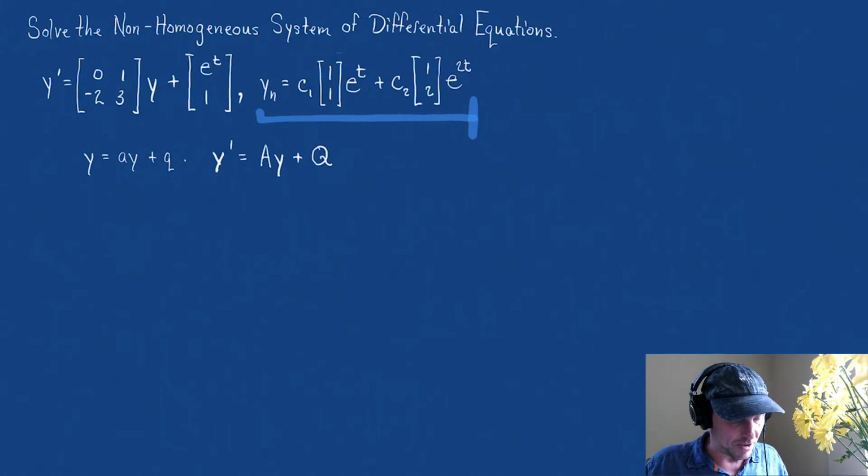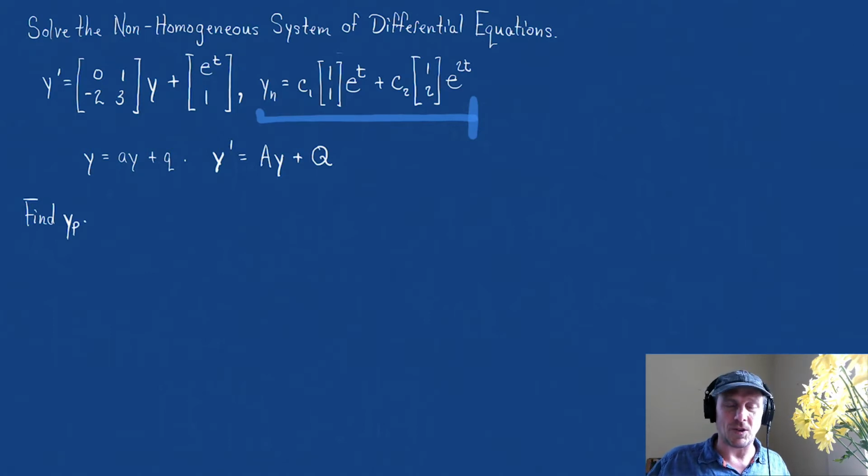So that should really be our directions now: find y, that's the vector y particular. Well, we're going to use variation of parameters again in a clever application.